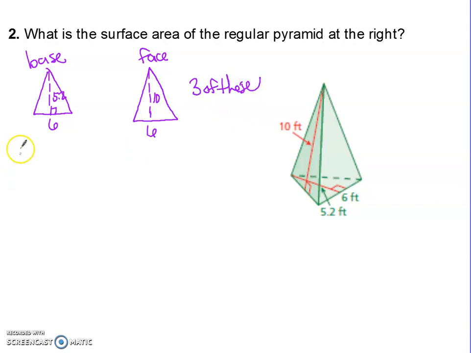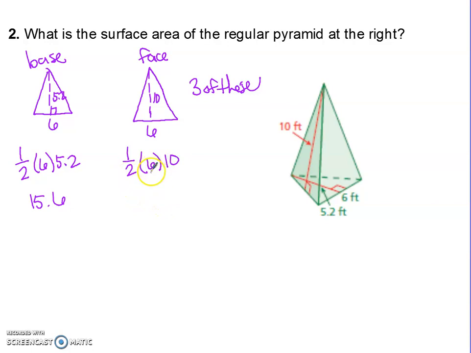All right, next we got to find the area of each part. 1/2 base times height. Half of 6 is 3, and 3 times 5.2 is 15.6. Next one for our faces, I've got 1/2 the base and the height.